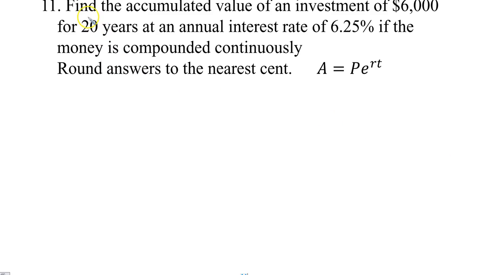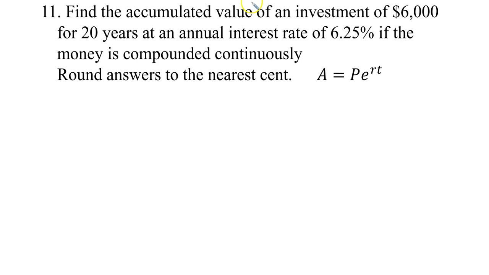All right, so find the accumulated value of an investment of $6,000 that's been invested for 20 years at an annual interest rate of 6.25% if the money is compounded continuously. This statement right here tells you to use this formula. So let's go through this again.